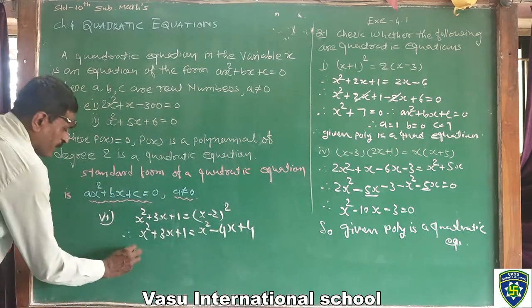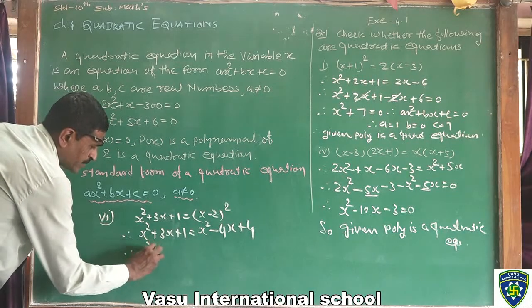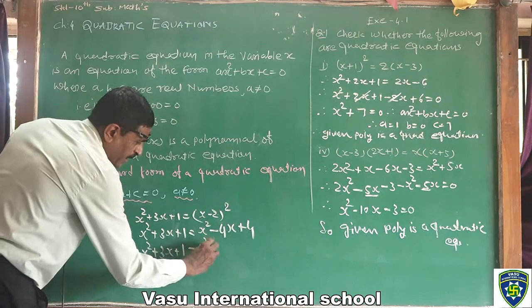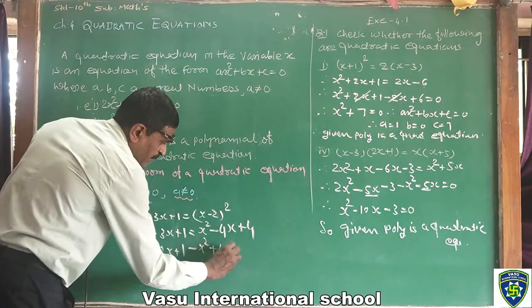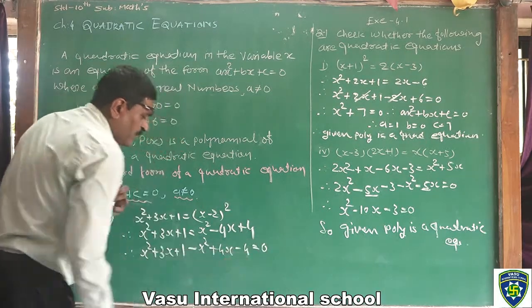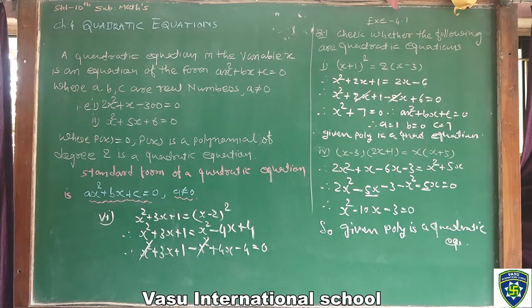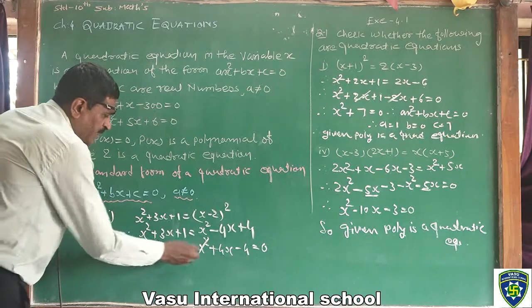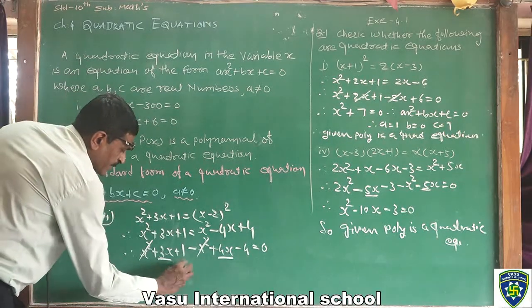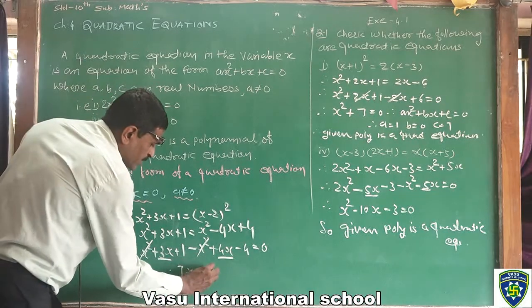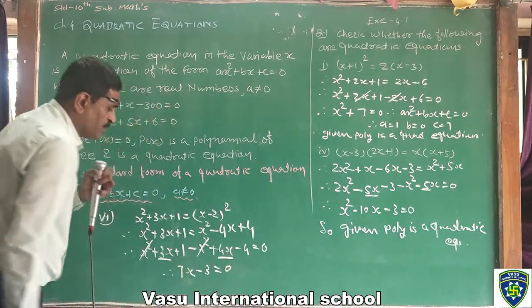Take all the terms to one side. X square plus 3x plus 1 minus x square plus 4x minus 4 is equal to 0. So x square minus and plus are cancelled. 3x plus 4x, 7x. 1 minus 4, minus 3 left, is equal to 0.